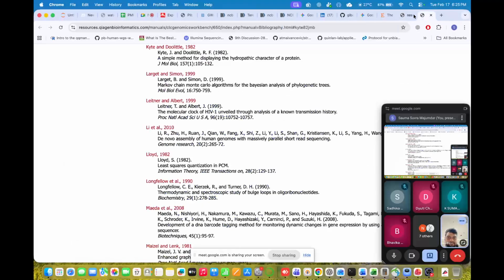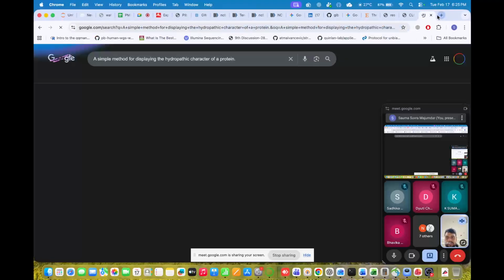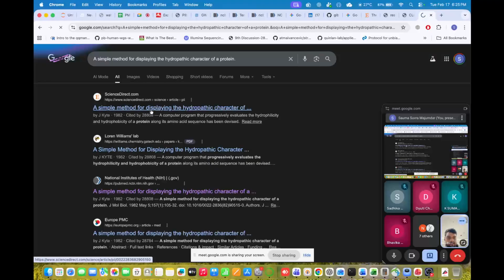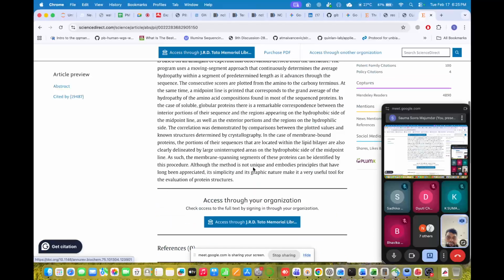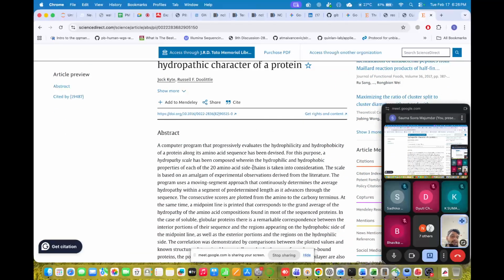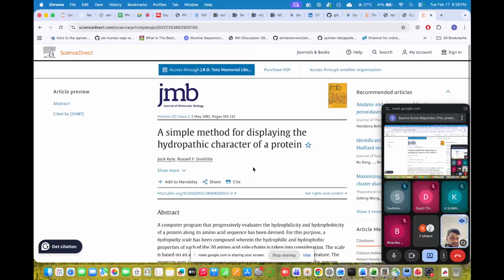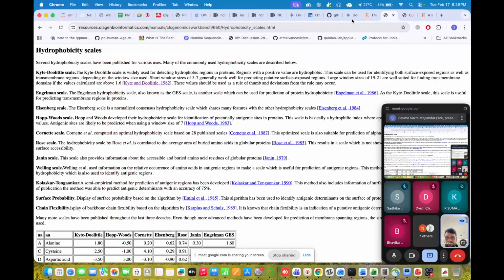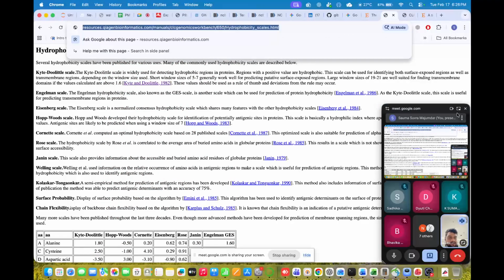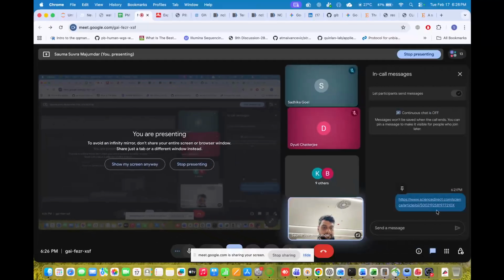This is the Kyte-Doolittle paper. I don't think this is freely available, but I think you can get this paper. This is a very old paper. I'll give a link to this. Maybe you can take a look at this article as well.